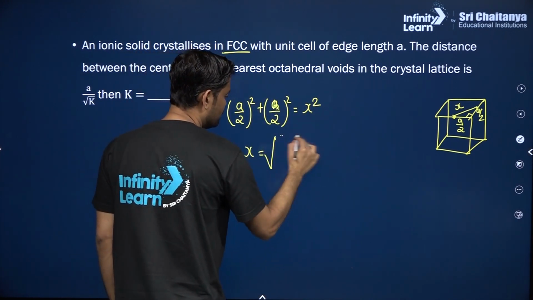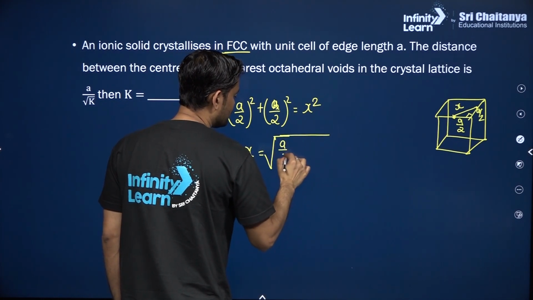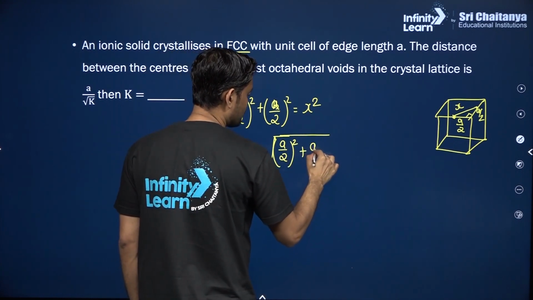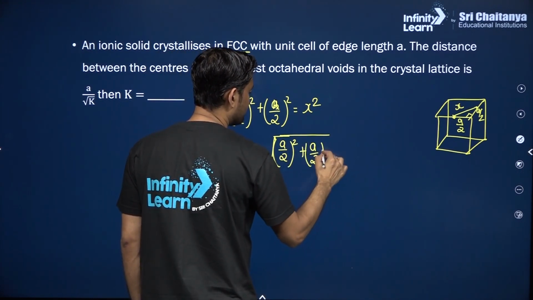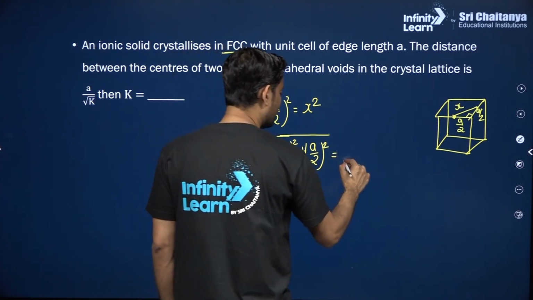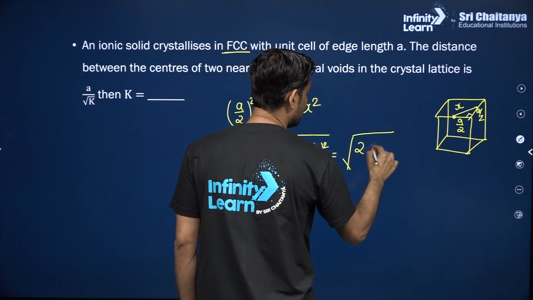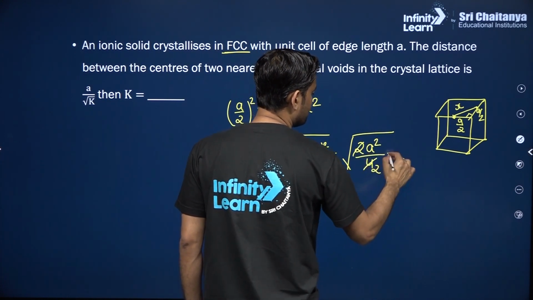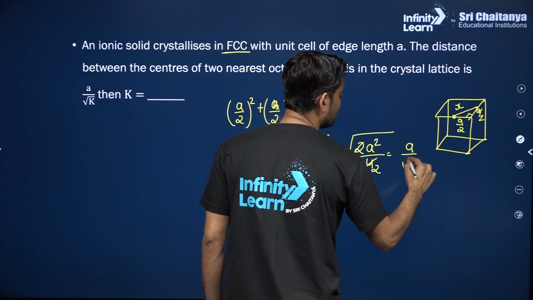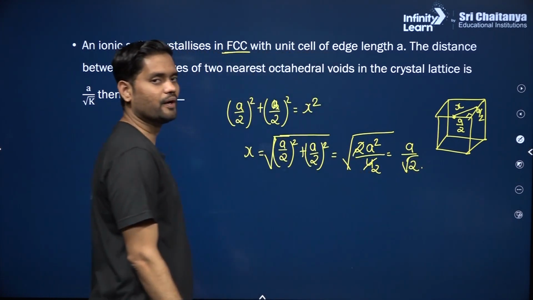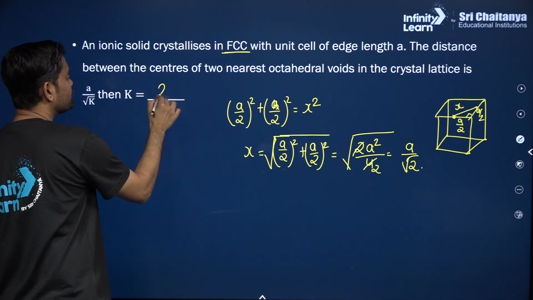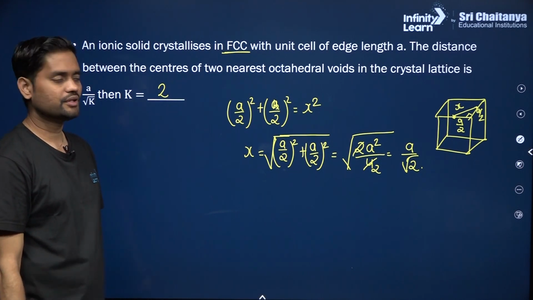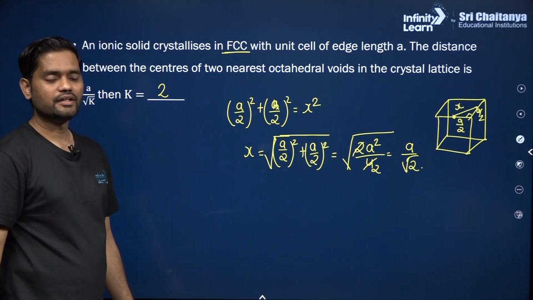X is equal to root of a by 2 square plus a by 2 square, that is equal to root of 2a square by 4, that is equal to a by root 2. So what is the value of k? K value is 2. Clear? Sure. So that is the answer for this particular question.